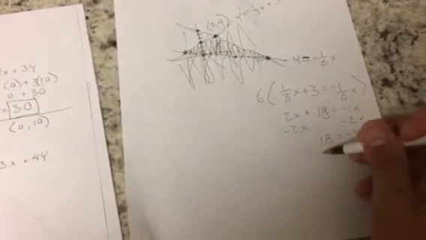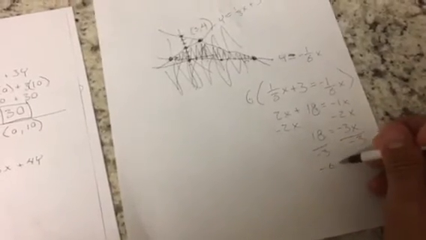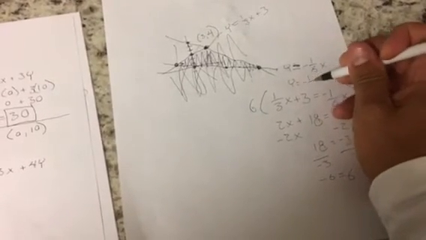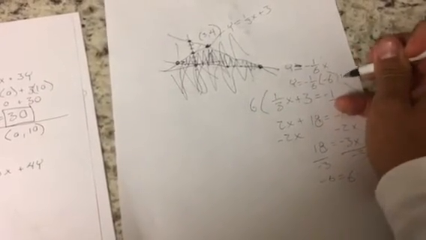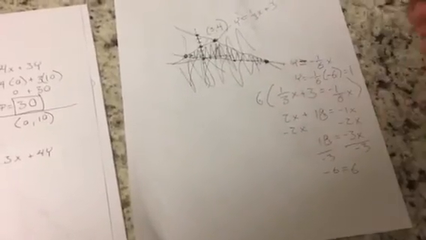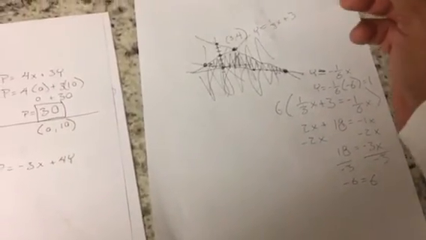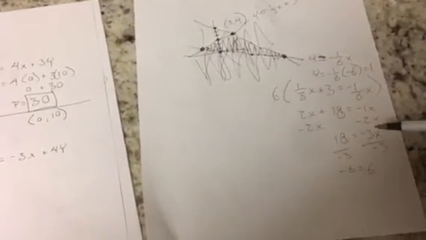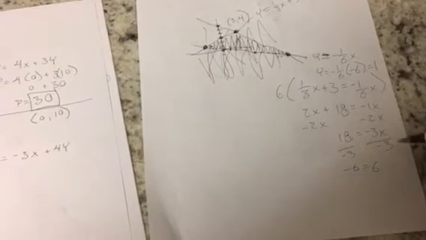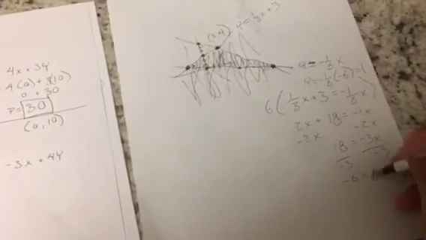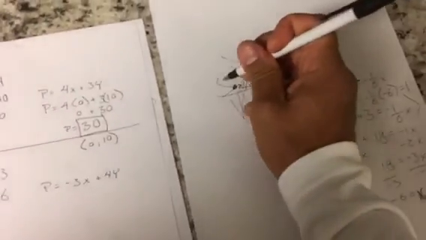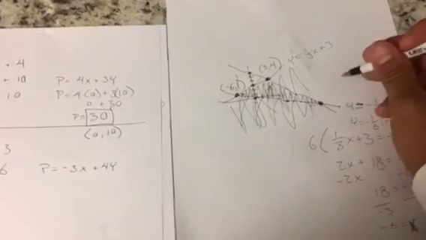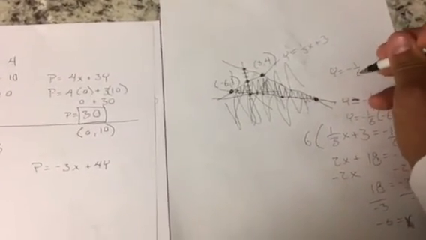Divide by negative 3. Negative 6 equals x. Plug that in to figure out what the y is. Y equals negative 1/6 times negative 6 equals 1. So this point right here is at x equals negative 6, y equals 1. Negative 6, 1. This point is from the equation y equals negative 1/6x.